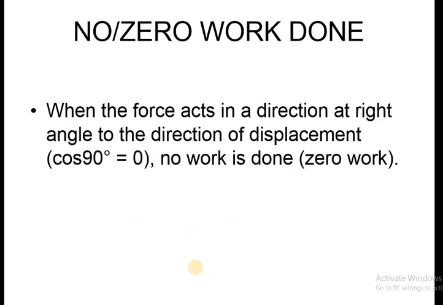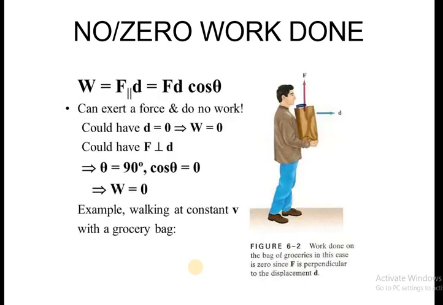And let me say about zero work done or no work done. When the force acts in a direction at right angle to the displacement, that is 90 degree, then the value of cos theta will be cos 90, that is 0. So no work is said to be done. Here you can see a man lifting up a suitcase and moving forward.